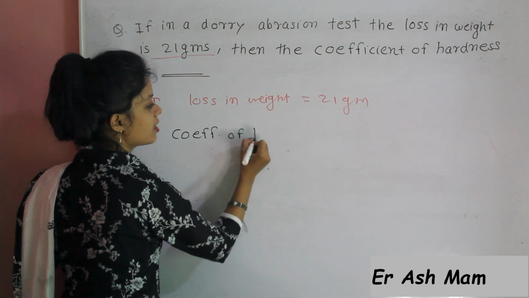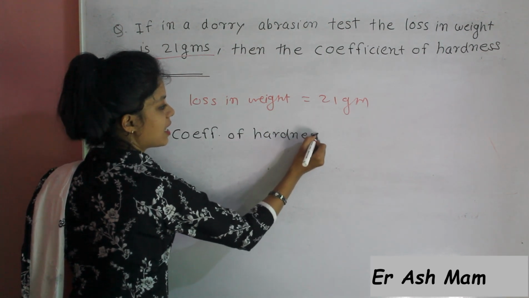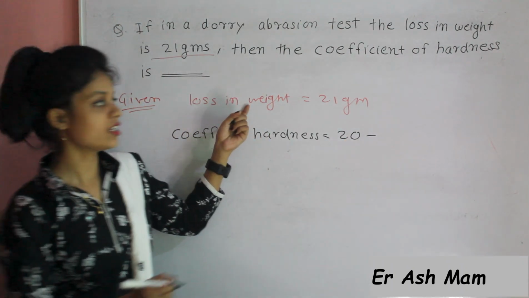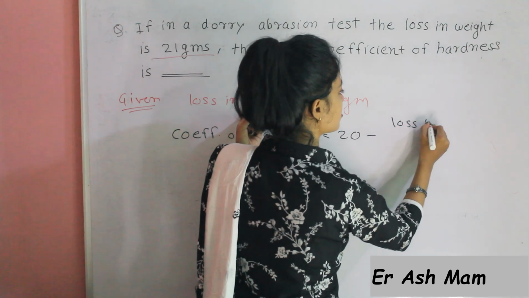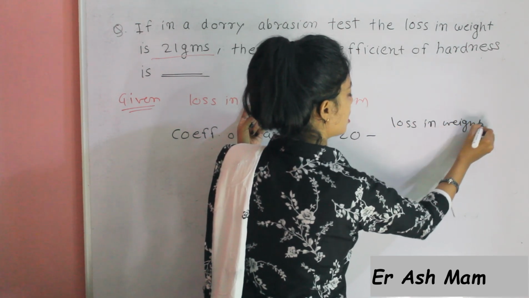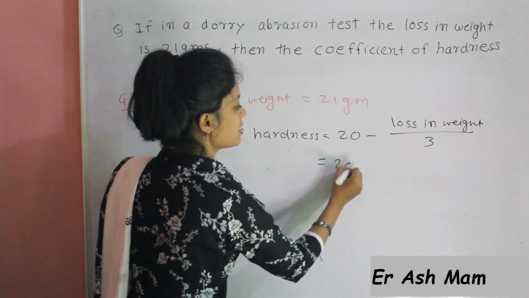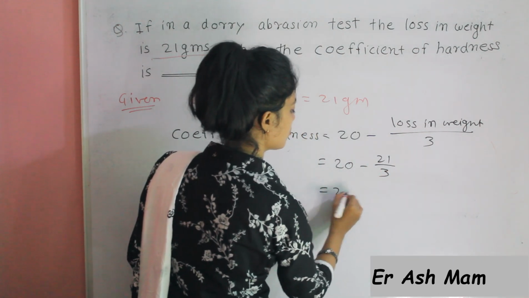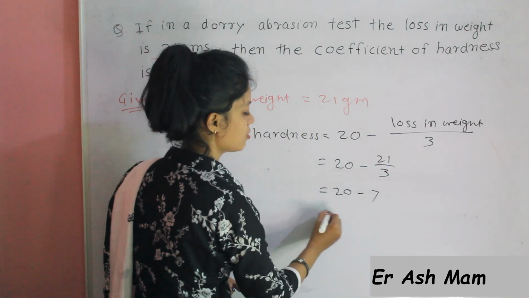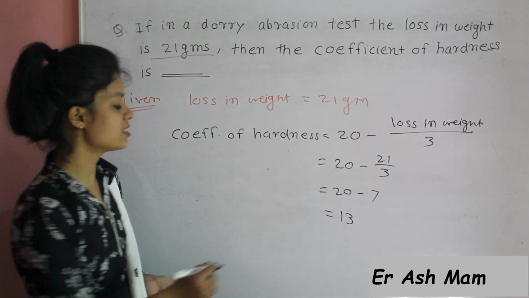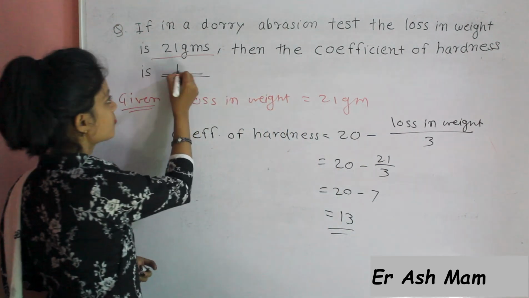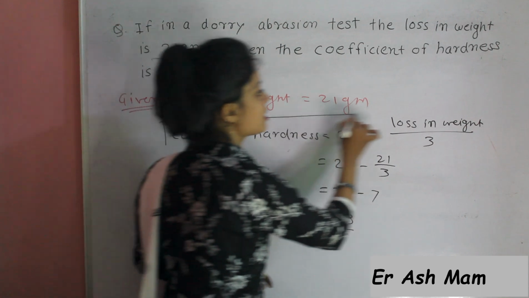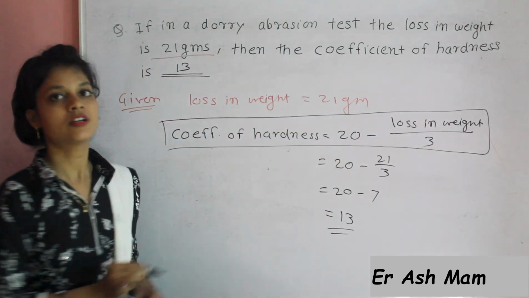There is one direct formula for this, that is 20 minus loss in weight upon 3. 20 minus 21 gram upon 3. 20 minus 7, which equals 13. Therefore, coefficient of hardness equal to 13. Formula for this numerical is coefficient of hardness equal to 20 minus loss in weight upon 3.